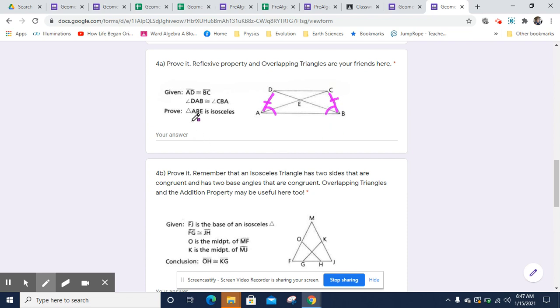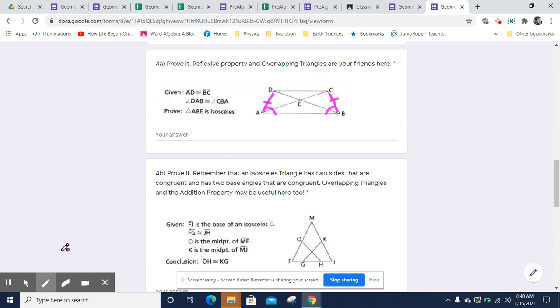Okay, and we need to prove that this is isosceles. Now, in order to prove this is isosceles, what would probably be useful would be to prove that these two angles EAB and EBA are congruent. Well, notice that we have two overlapping triangles that each contain those smaller angles.